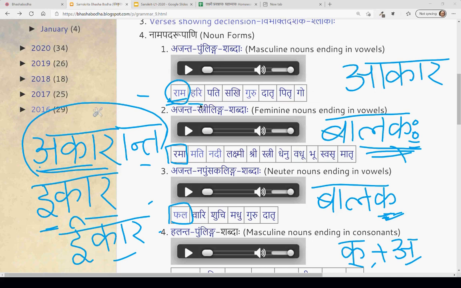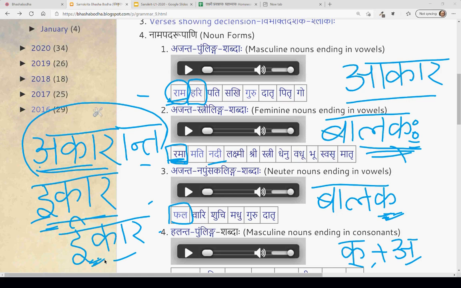Similarly, if some base word is ending in short i, like Hari, they are called ikaranta. And here the Strilinga word Rama is ending in a, so we are calling it akaranta. And this Nadi, the base word is Nadi only, it is ending in long i, and we are calling it dirgha ikaranta.